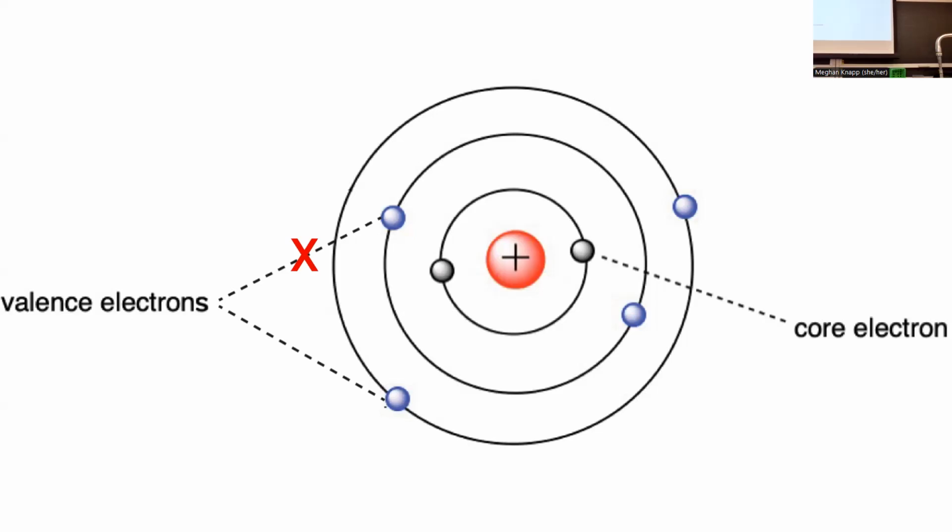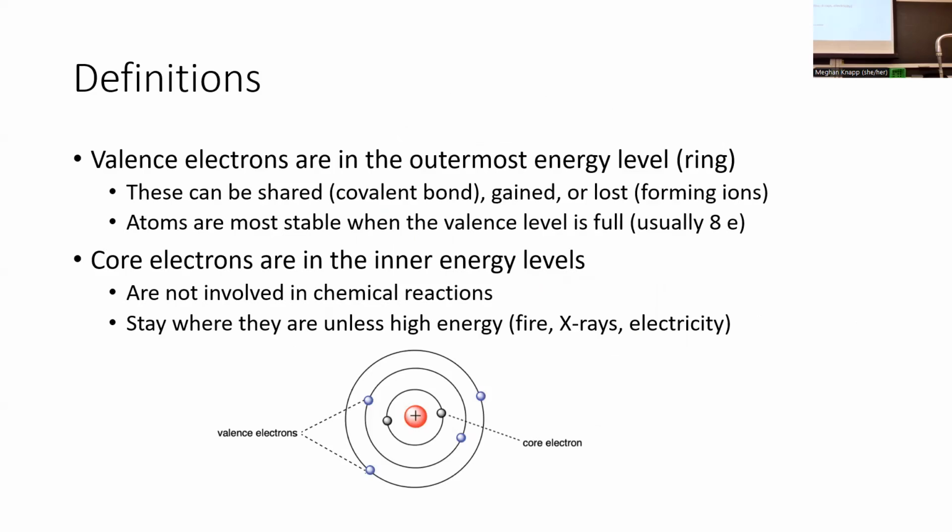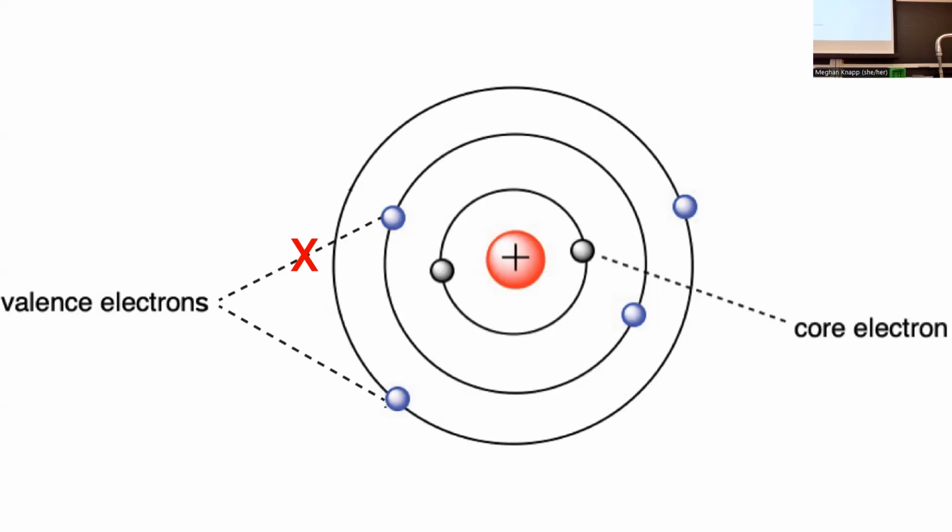So we're going to use dots to represent the electrons. Usually atoms are most stable when that valence shell has 8 electrons in it. We consider that to be full. Hydrogen is, of course, our problem child, so it's going to be happiest with only 2, but we'll get to that later.